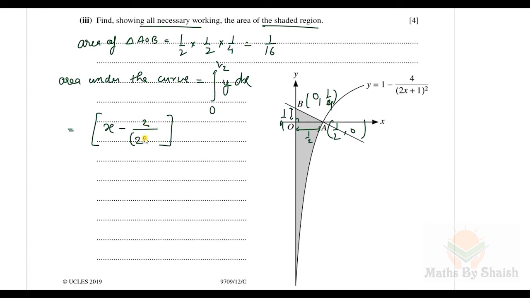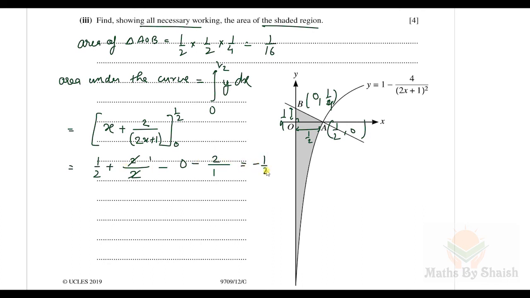Of course we do not include the constant of integration because it's a definite integral. Now it is going to be the upper limit: 1 by 2 plus 2 over 2 into (1 by 2 plus 1), that is 2, minus the lower limit: 0 plus 2 over 2 into (0 plus 1), 1. Hence it becomes 1 by 2 minus 1, which is minus 1 by 2.